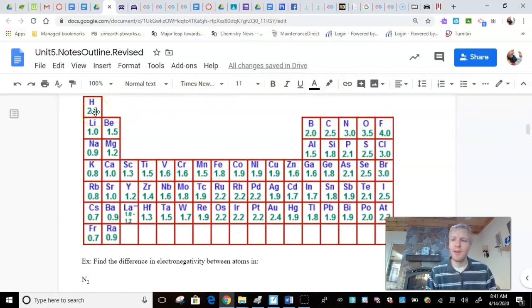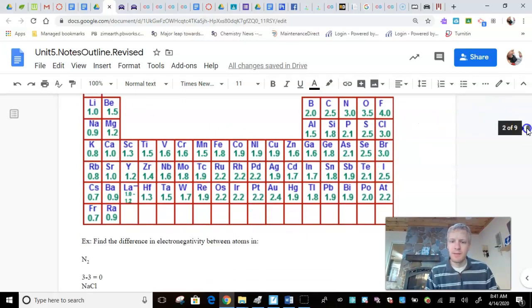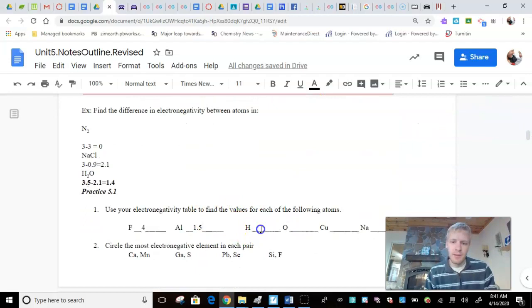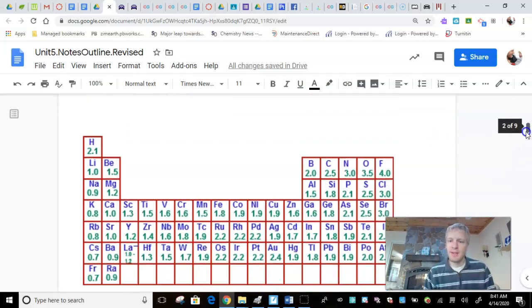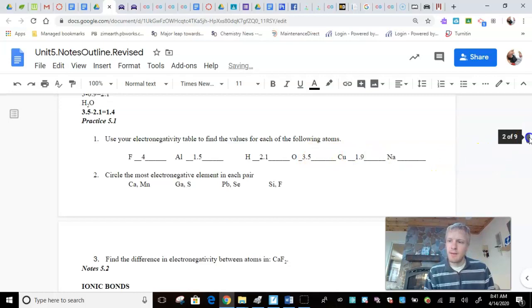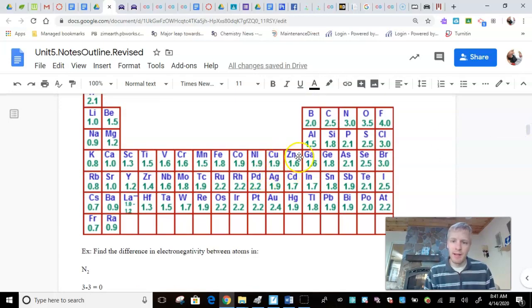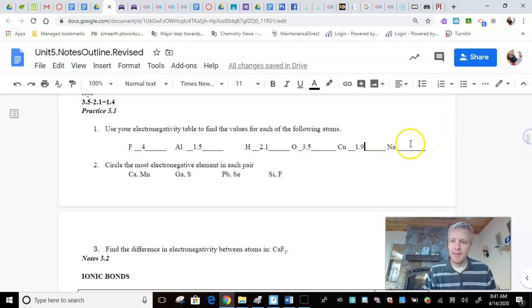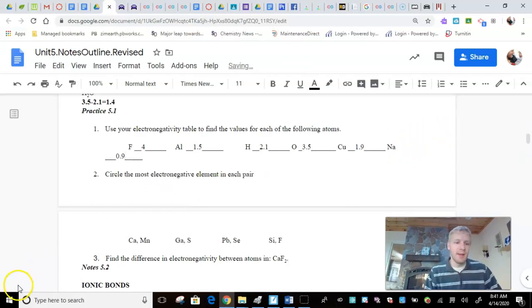Yes, 2.1. And then we got oxygen is 3.5, copper is 1.9, and sodium, Na, 0.9. And that's simply that, just using the electronegativity table.